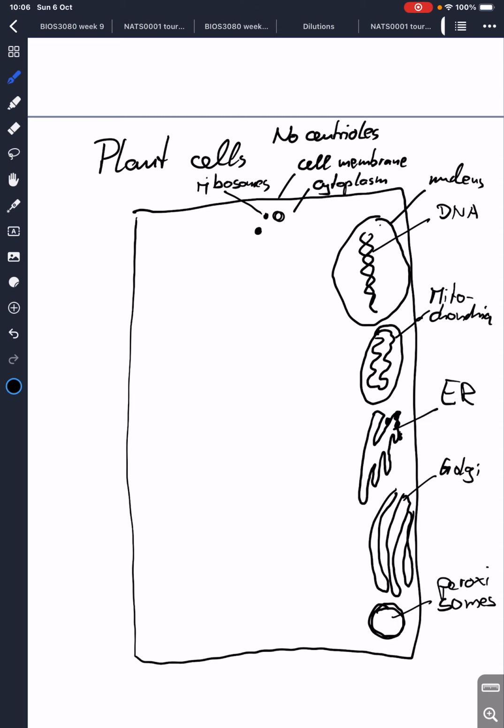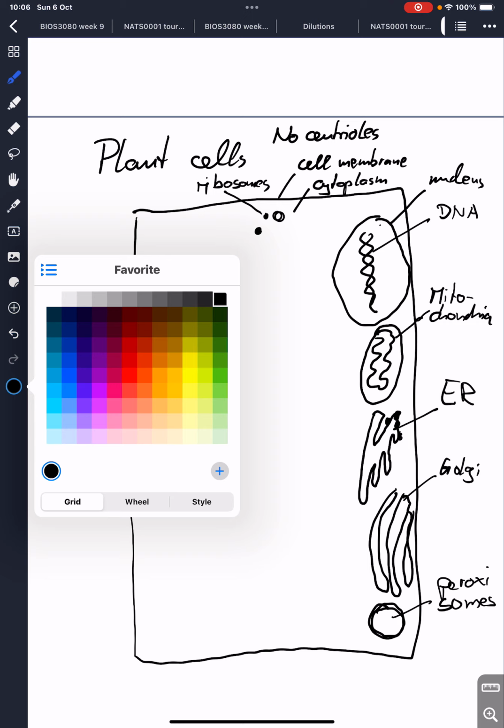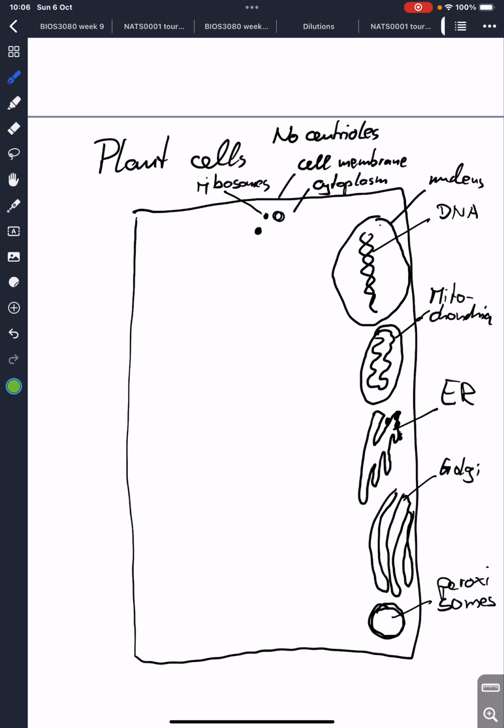Plant cells also contain a structure that allows them to perform photosynthesis. So we have chloroplasts, well, at least green plants.